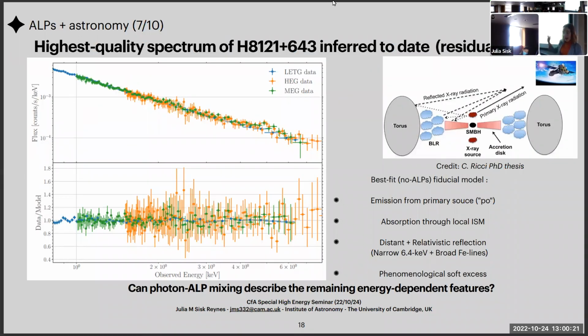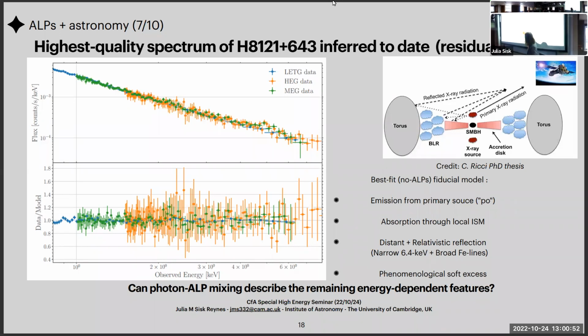As you can see here, this is our best fit model for the data. So this is before we started worrying about axion conversion. Each of the colors represents a different data set that we use for our study. And overall, we were able to infer a high quality spectrum free from pileup and cluster contamination.